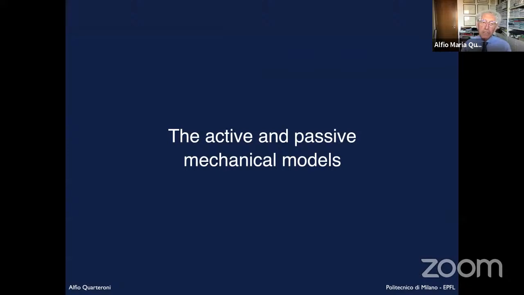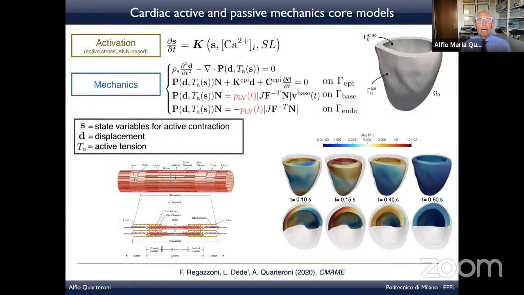The electrophysiology is the very beginning of the whole process, and then you have what is called active and passive cardiac mechanics. By that we mean the active deformation, the active force that is generated at the level of every single cardiomyocyte due to the electrical stimuli, and then the deformation of the whole muscle, of the whole myocardium.